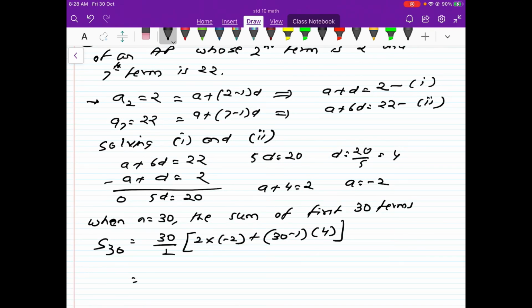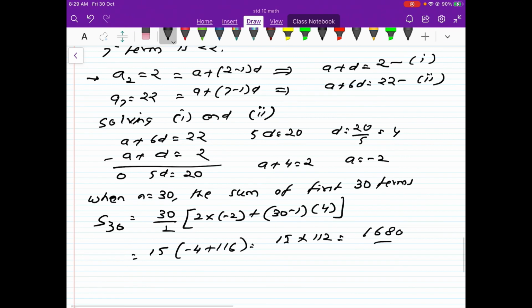Now 30 upon 2 means 15. 2 into minus 2 means minus 4. 30 minus 1 is 29, into 4. 29 into 4 is 116. So we are getting 15 into 112, which is nothing but 1680.